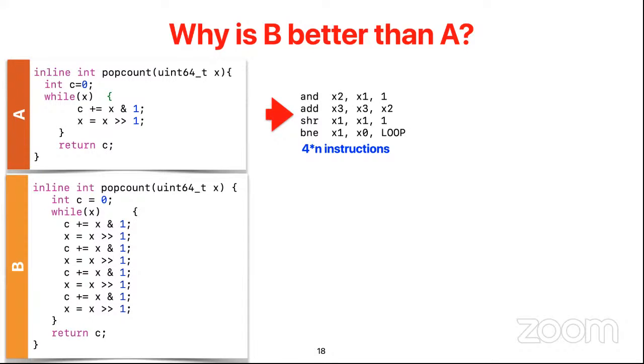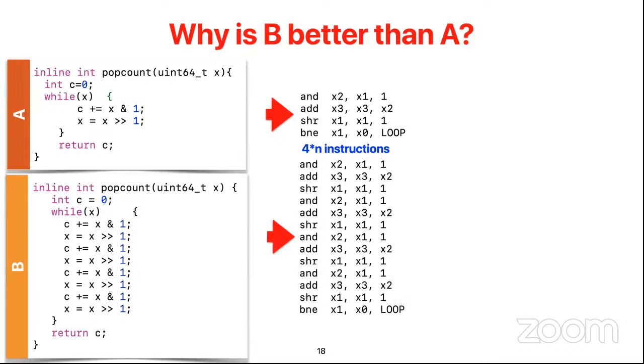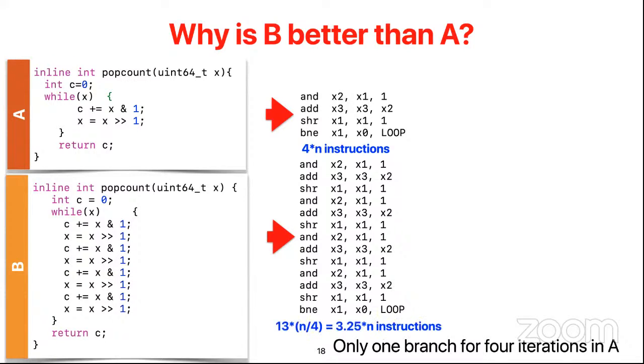However, for B, although for each iteration we combine the instructions from 4 iterations, we only need 1 branch instruction every 4 iterations. So it turns out that on average you will have 3.25 instructions per iteration, but you only need n over 4 iterations, so it will be 3.25 times n instructions in the RISC-V implementation.